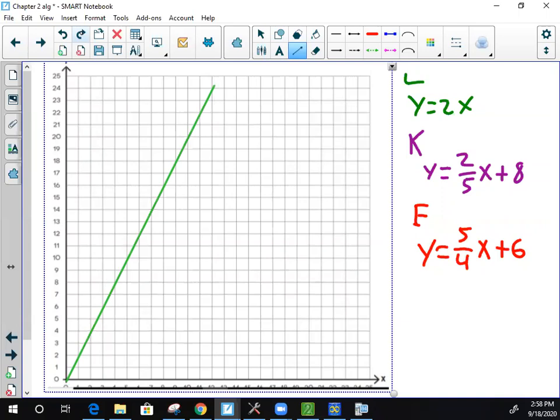over time. If we look at Kirsten, she's starting at 8 and she is going over 5. She's going 2/5, so she goes up 2 over 5.